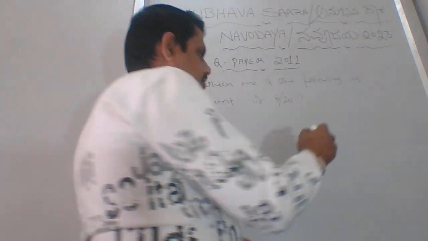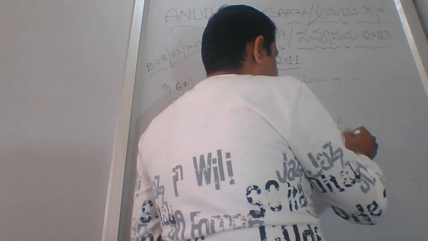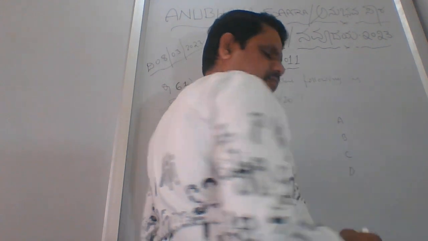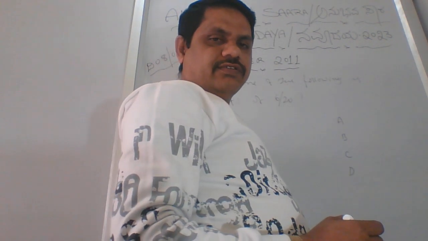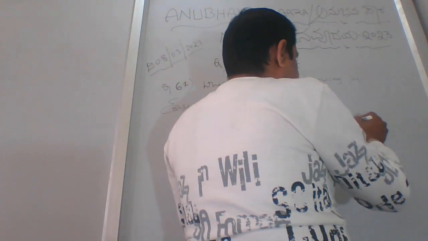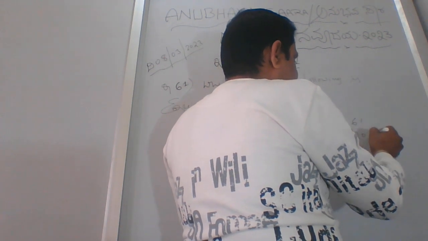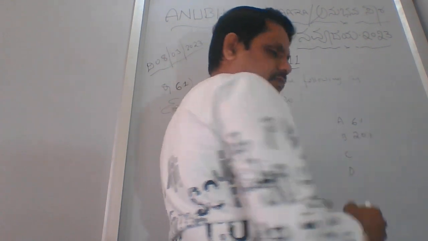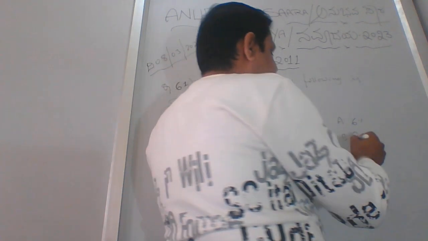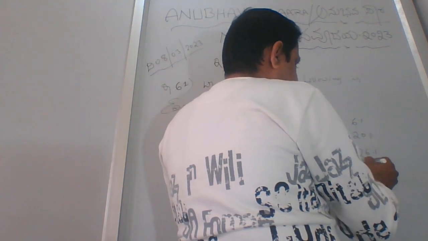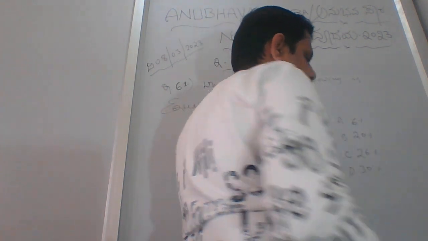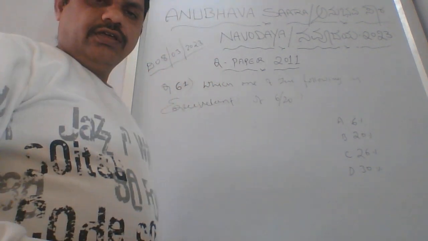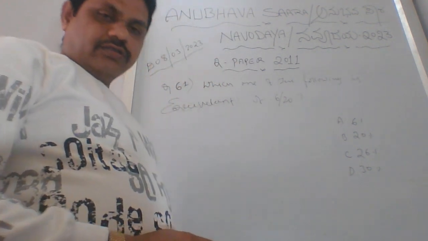So this is the question, and it is very simple. The options are: A says 6%, 20%, 26%, 30%.